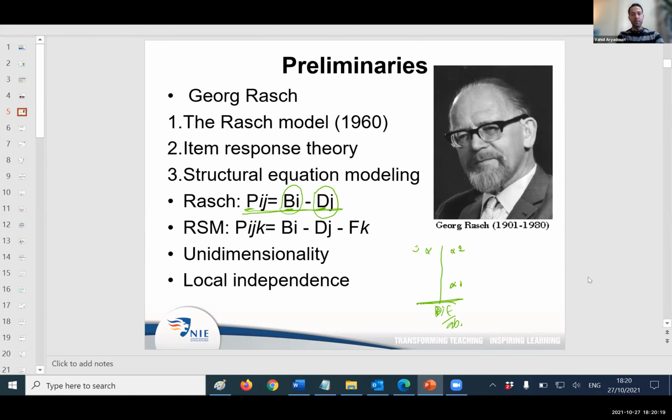A very happy test taker who doesn't know what's going on. So question, this happy test taker, would you say that he or she has a higher probability to answer item 2 correctly or to answer item 1 correctly? And this is the line of difficulty. Easy items are at the bottom, difficult items are at the top.